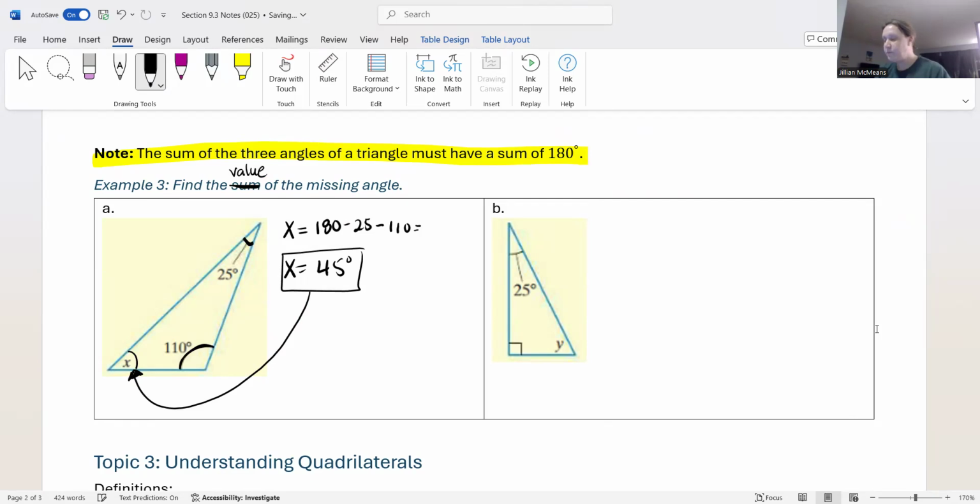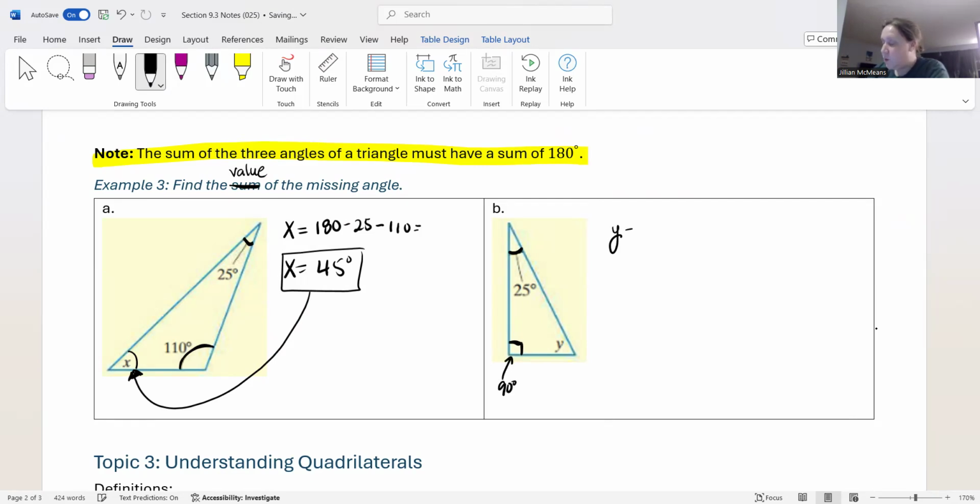Okay? Now, finally, for part B, we're again going to be finding the value of the missing angle. So we know that the three angles in a triangle have to equal 180. We are told that this little angle is 25, and they don't give us a value, but we have this little box in the corner. And what does this little box in the corner mean? Well, it means this angle has to have a measure of 90 degrees.